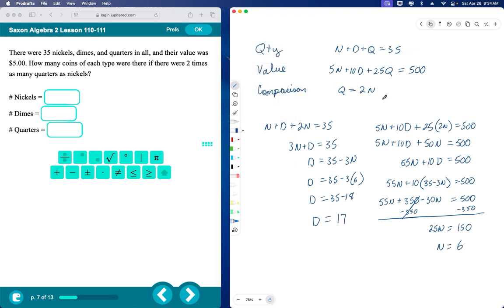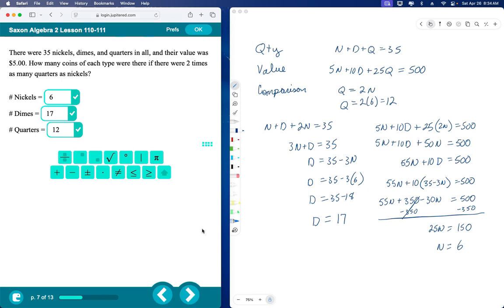Okay. I can also come up here and I can use 6. 2 times 6 equals 12. So Q is equal to 12. So I have 6 nickels, 17 dimes, and 12 quarters. And those are correct.